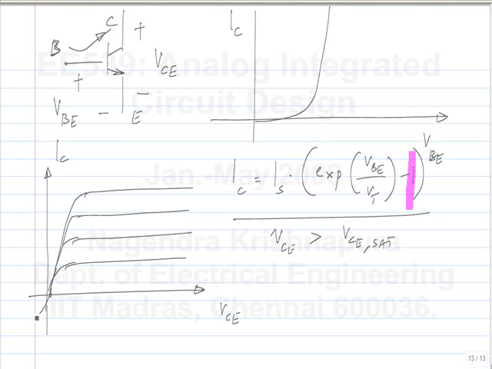This is typically what happens. And also, very confusingly, this is the saturation region of a bipolar transistor, and this is called the active region. Whereas in the MOSFET, the constant current region is called the saturation region.